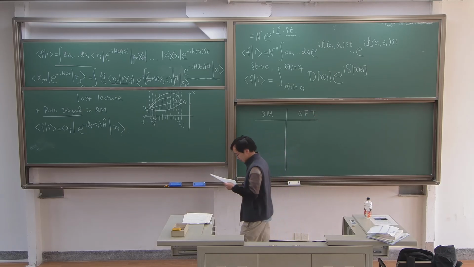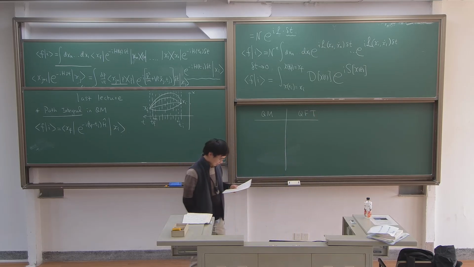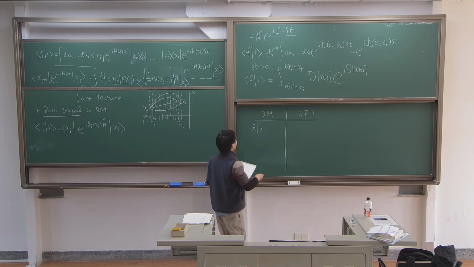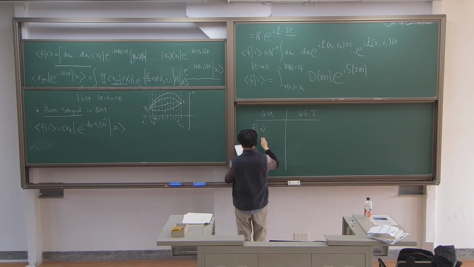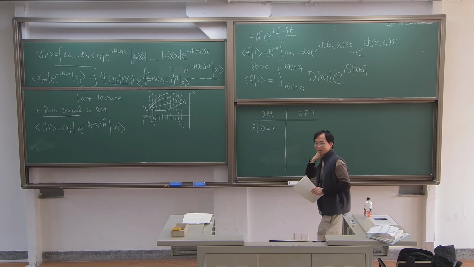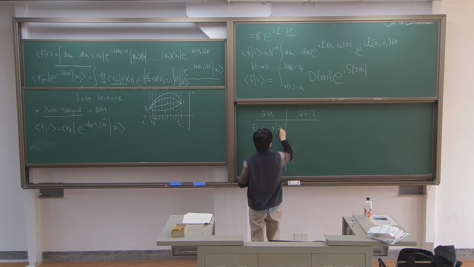From the very beginning, we already mentioned, to make the analogy very clear, you should understand, for example, in quantum mechanics, the position eigenstate we usually denote by the x state, and x itself is an operator. Then you act on the eigenstate and get the eigenvalue, which is x as a number. Okay, this is what I have.